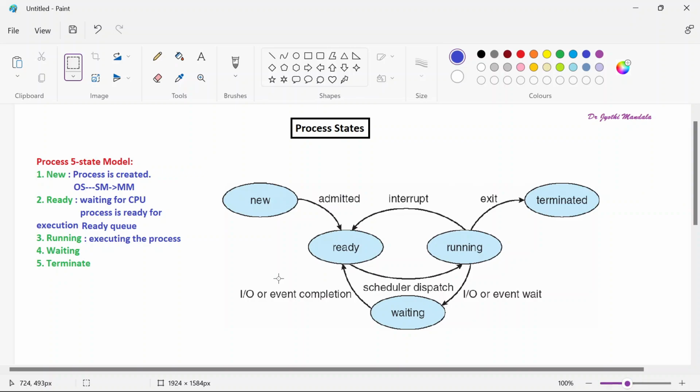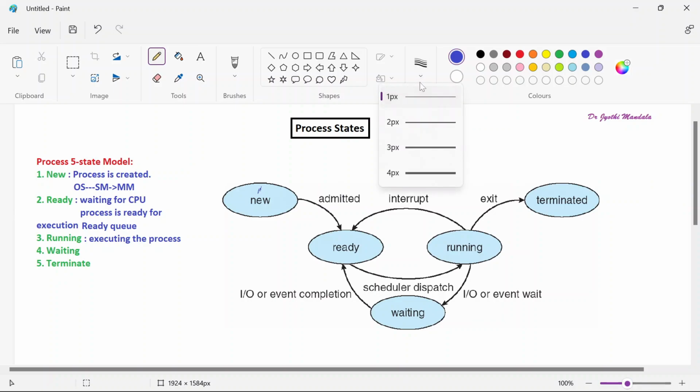The new state is the first state in my representation here, then we have the ready state, then the running state, then the waiting state, and then the terminate state. 5 states are there. That's why it is called the 5 state process model. Why is it called a state transition diagram? Because from one state to another state, the process has to traverse.